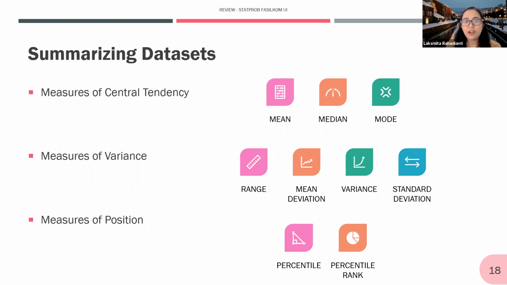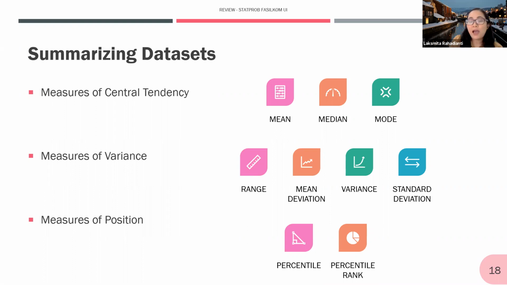I can give you measures of variance to show you how far they go to the left and to the right. And lastly, measures of position, for you to understand what it means that you are 165 centimeters tall. Where are you on the scale? So these are the three types of summarizations that you can use to describe your data.